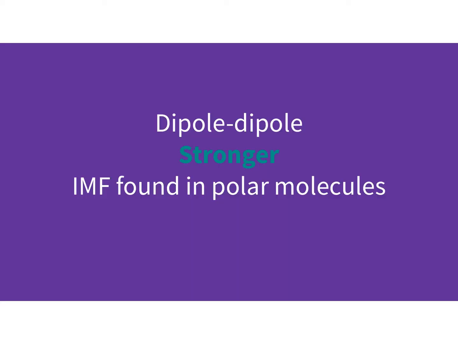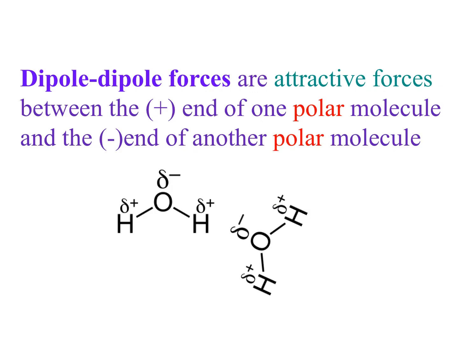Another type of intermolecular force is called dipole-dipole, and this is stronger than a London dispersion force. This is found in polar molecules. So this is very similar to London dispersion forces, but this is with polar molecules, and this is when the positive and the negative of different molecules attract each other and kind of hold those two molecules together.